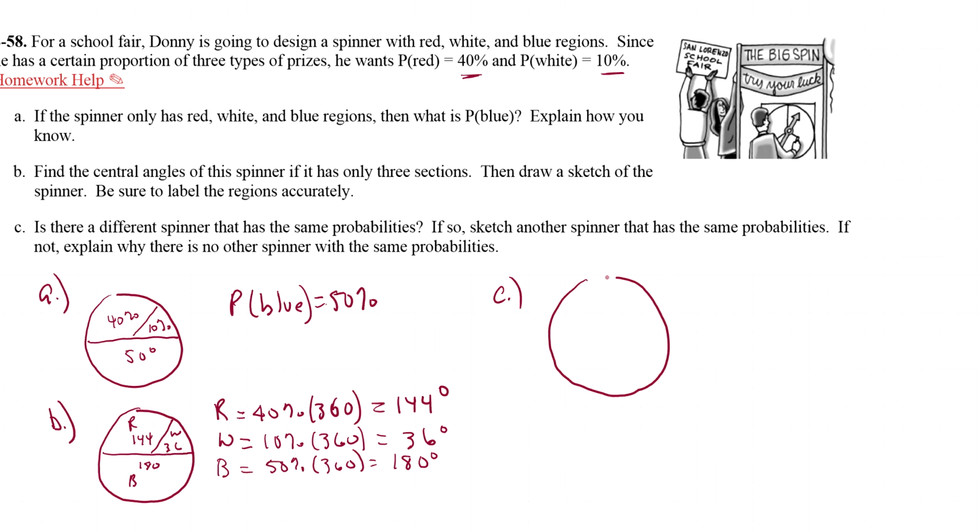So if I have my circle here, I know that I'm going to have 40% that is going to be red, and I know here I'm going to have 10% that's going to be white. This half over here can be blue.